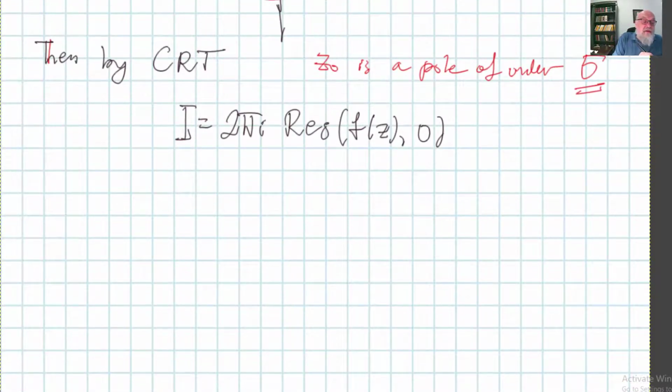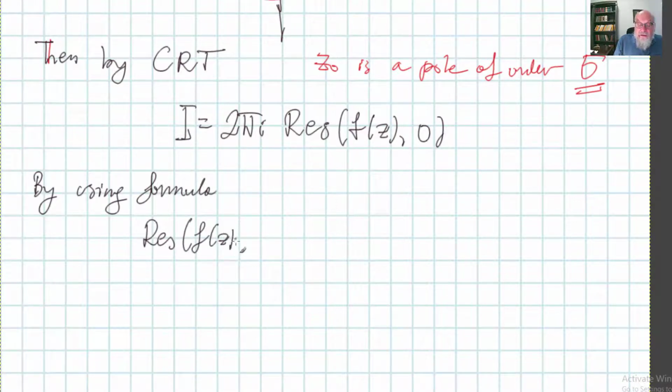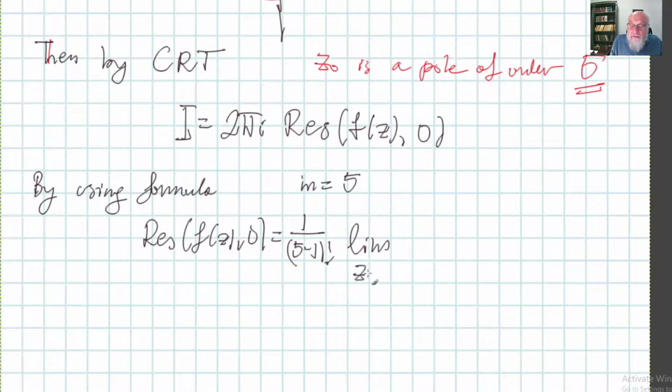In order to apply the formula, the residue of our function f of z at 0 will be equal, so look, m is now 5, so this is 1 over 5 minus 1, which is 4 factorial, then the limit as z goes to 0 of the 4th derivative d^4/dz^4 of our function f of z.